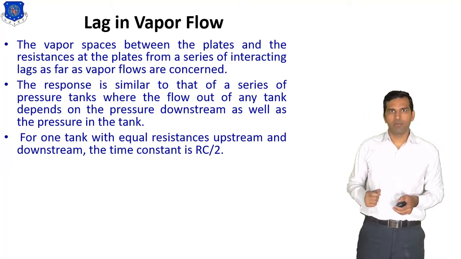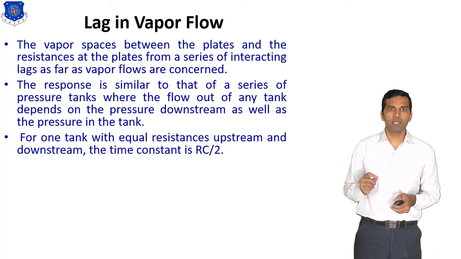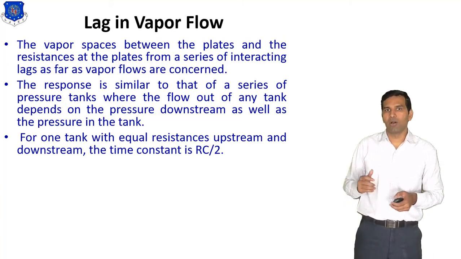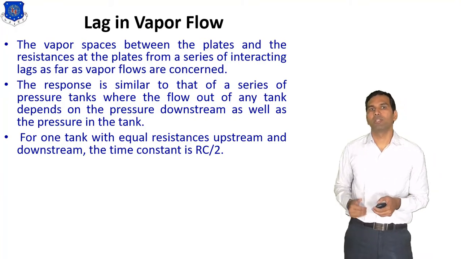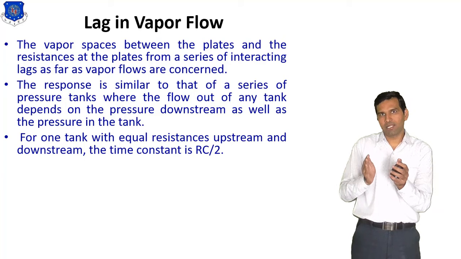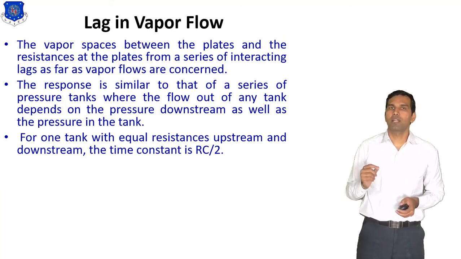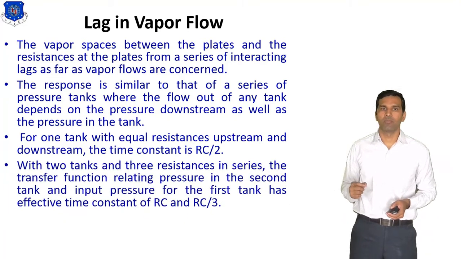In the first chapter we discussed the interacting and non-interacting connection, and then we discussed the lag or the time constant associated with this. So for one tank with equal resistance upstream and downstream, the time constant is RC by 2.